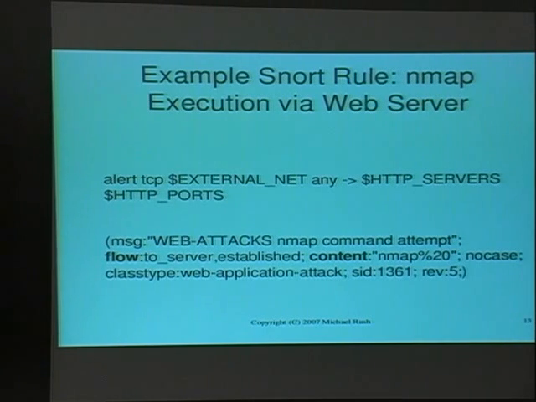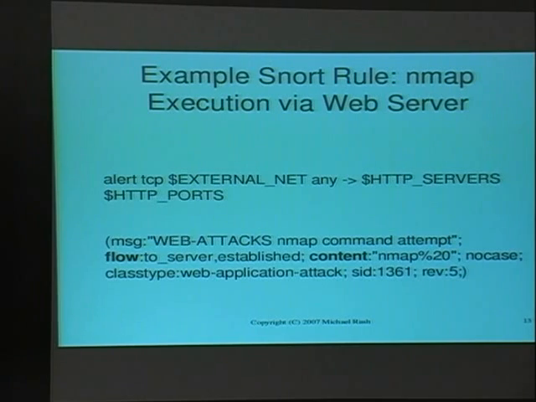And important things to note here are the flow and content keywords. This is a simple signature, just looking for somebody providing the string nmap %20 to our web server, presumably through some CGI interface, in an attempt to execute the nmap scanner via our web server. Sort of an interesting signature. Maybe not too practical.